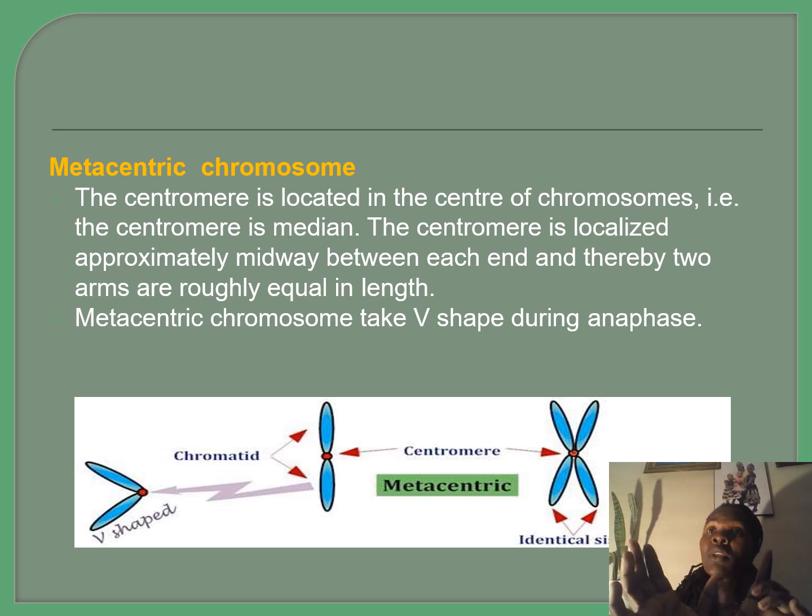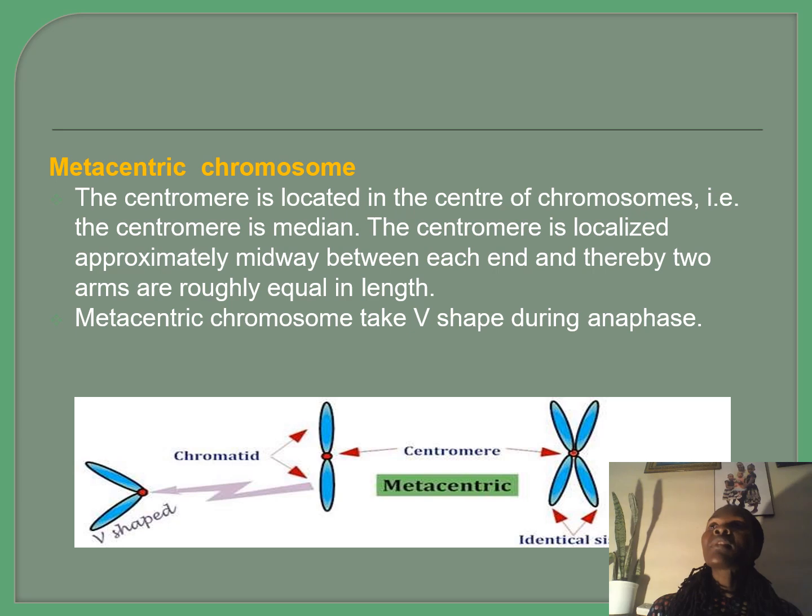So you'll always see them in a V shape during anaphase. So the centromere is located at the center of the chromosome. So we talk about the median, and then we talk about the shape during anaphase.